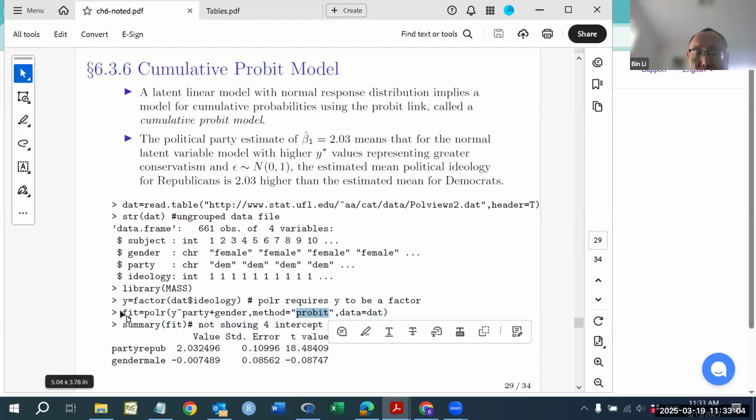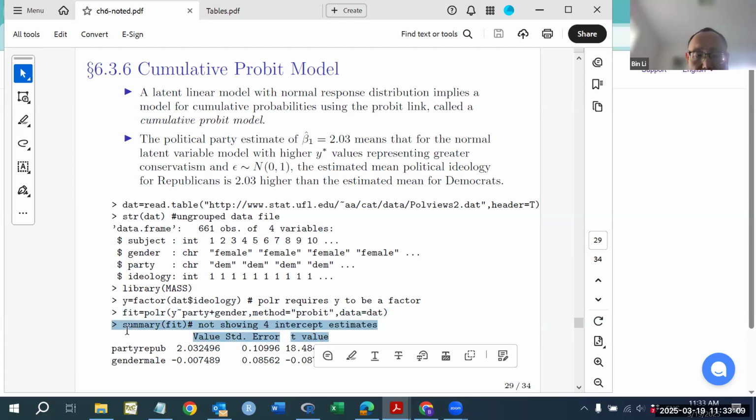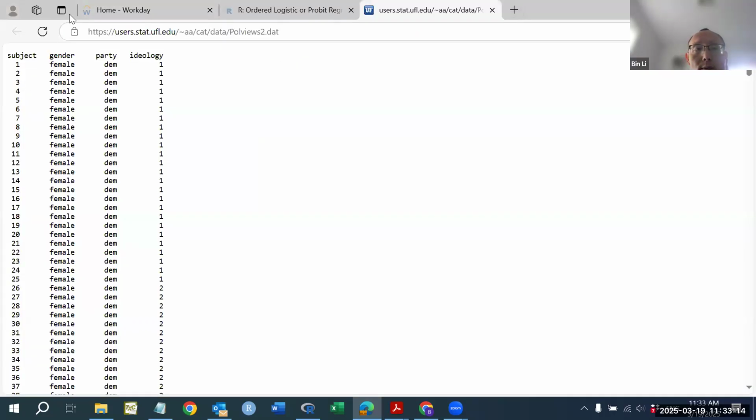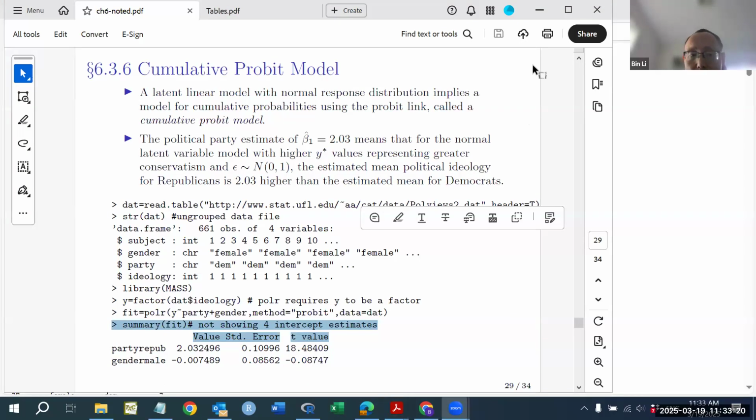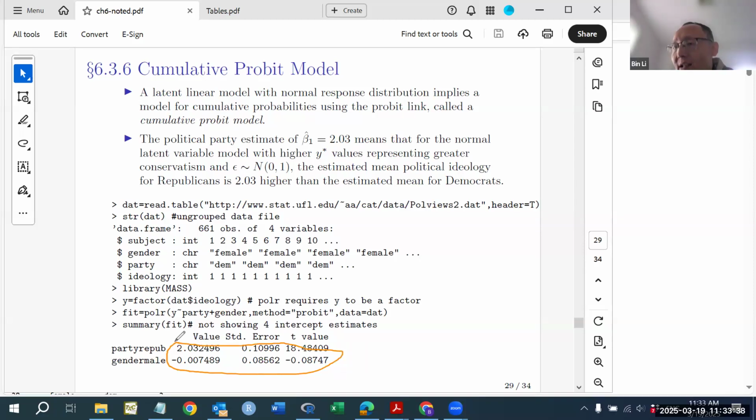Okay, and as I said, this one gives what? These coefficients are for the latent variable model.